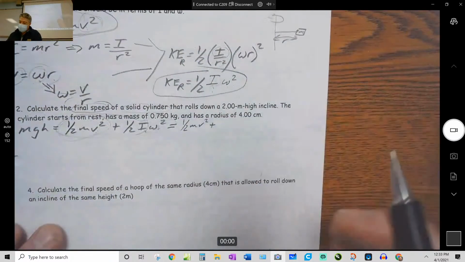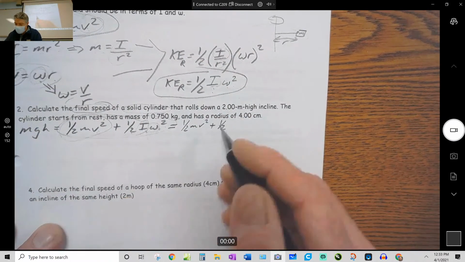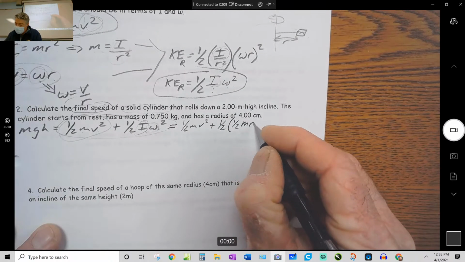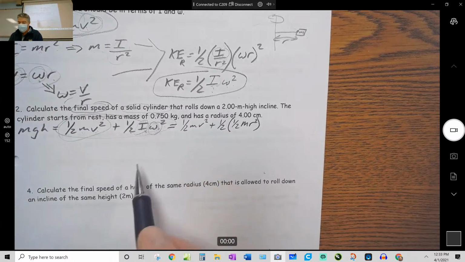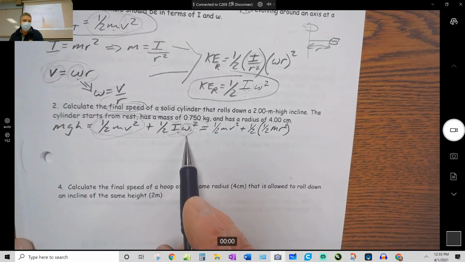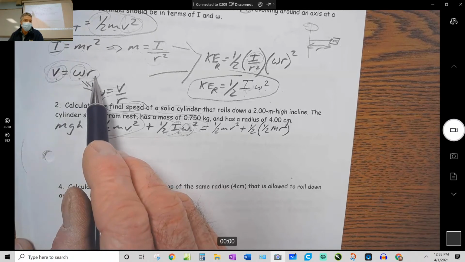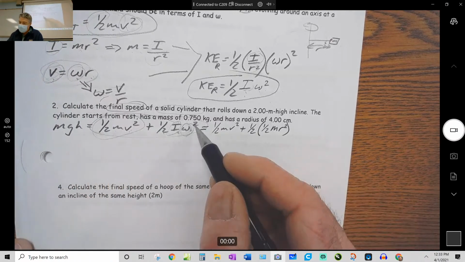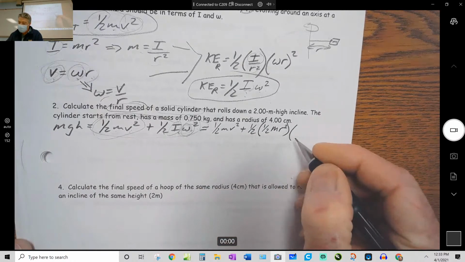So this is going to be 1/2, because there's that, times 1/2 mr squared. And instead of omega, this is where I was jumping the gun earlier. Since v equals omega times r, then omega equals v over r. So instead of omega squared in there, I'm going to put v over r squared.